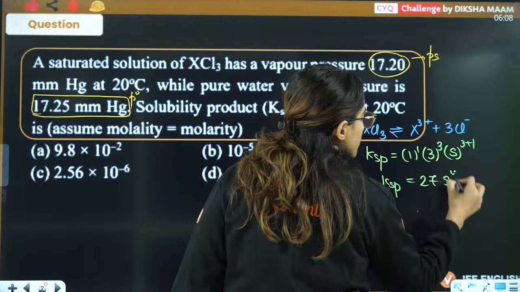Molality is the number of moles of solute divided by the weight of solvent; if it is in grams, it is multiplied by 1000. Can I say this is the number of moles of solute by number of moles of solvent? If I divide by the mass of solvent and multiply by the mass of solvent, this becomes the number of moles of solute divided by number of moles of solvent.